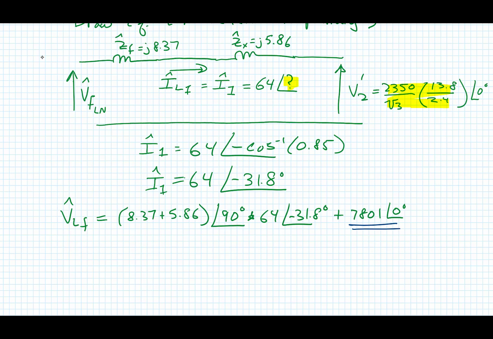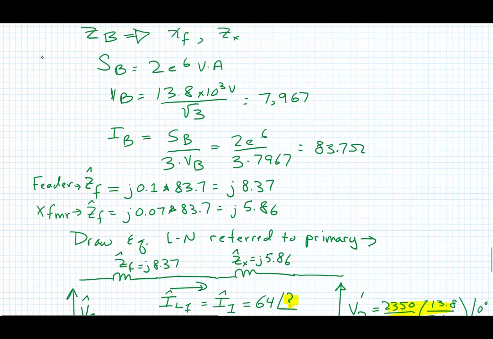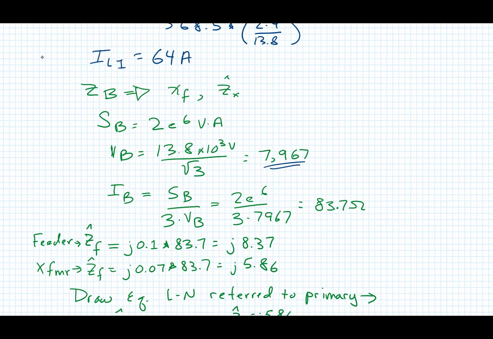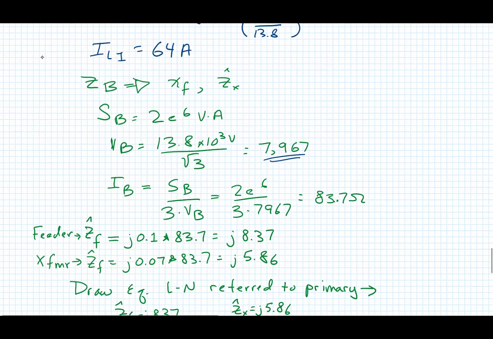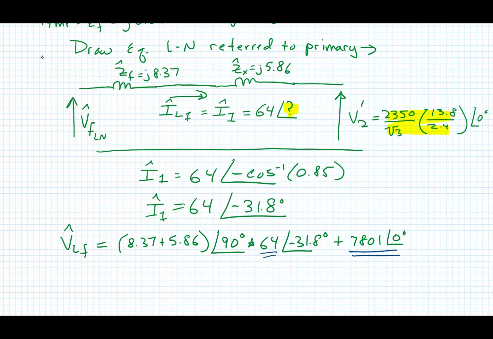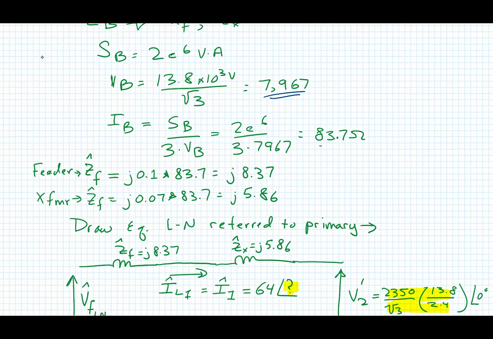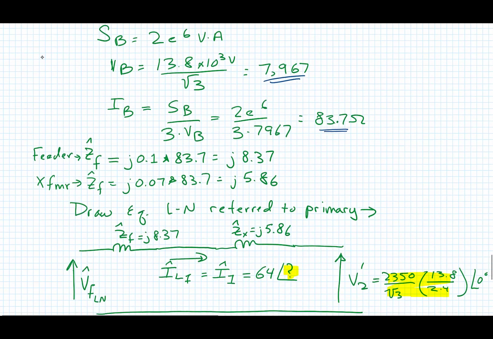Now here's a check for you. This voltage should look very much like the base voltage for the transformer. It should be close. It is 79.67. Here's another check. This current should not be higher than the base current on the primary side, and it's not. If it was, it'd be overloaded.